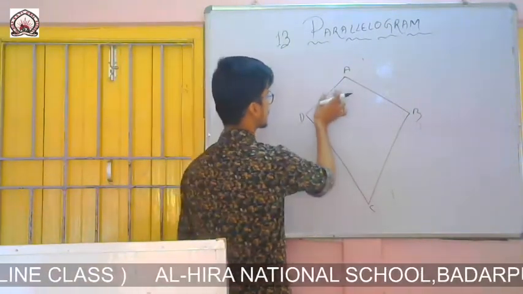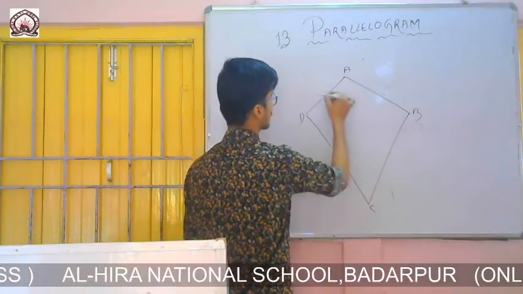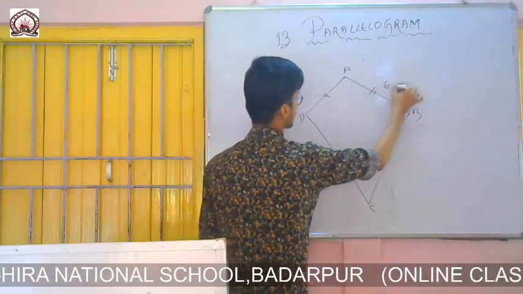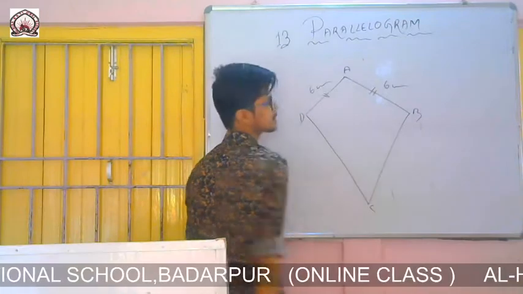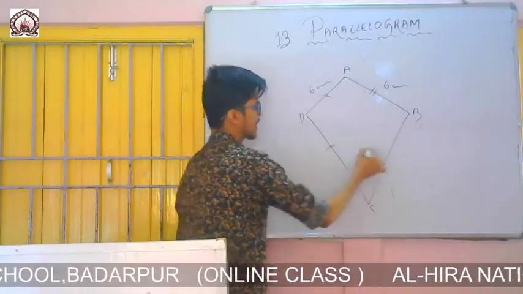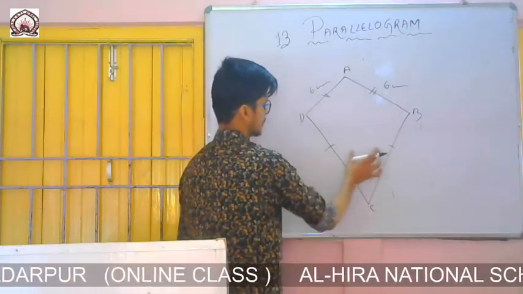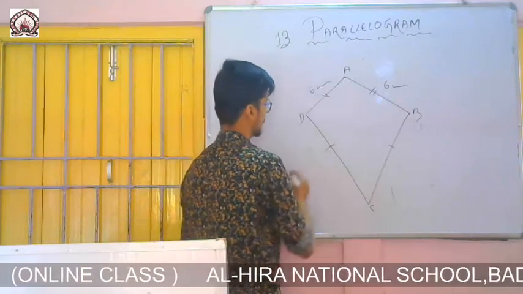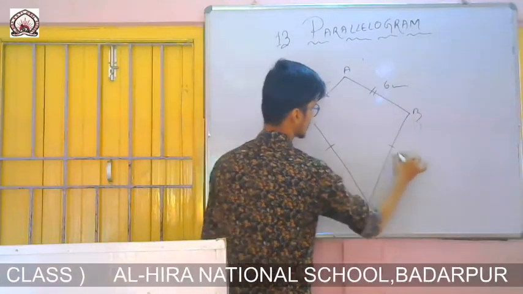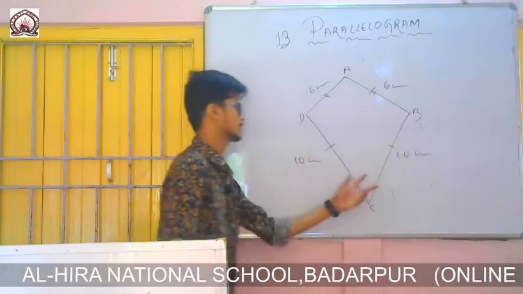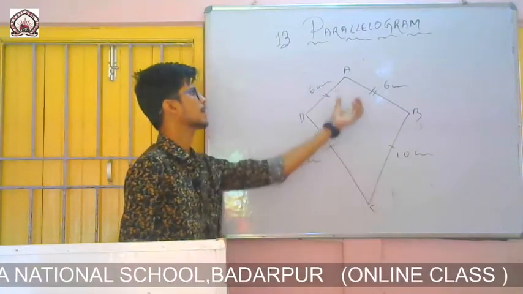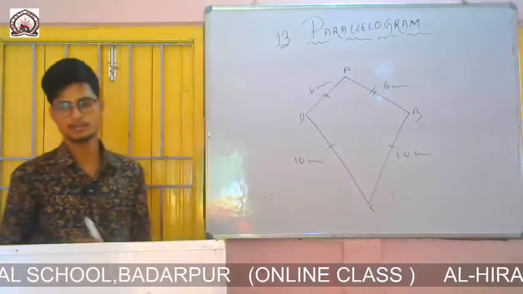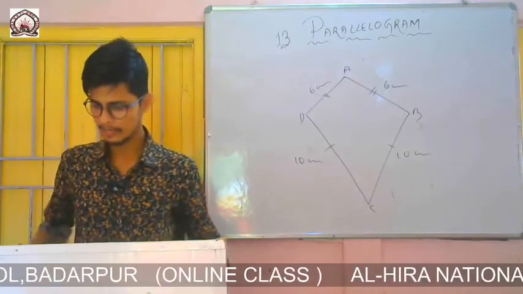In a kite, these two adjacent sides are of equal length. If this one is 6 centimeters, this one will also be 6, and these two adjacent sides are of equal length. It may be 10 centimeters each. These two adjacent sides will be equal, and these two adjacent sides will also be equal.